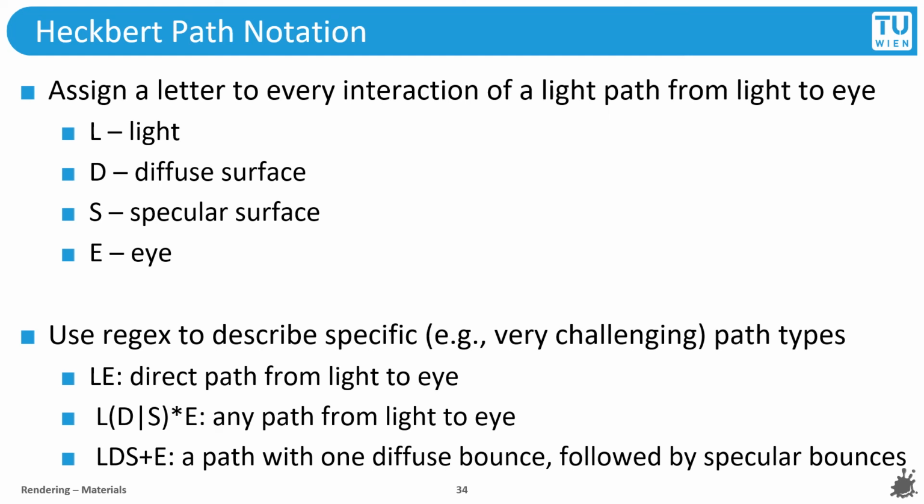For example, a direct path from light to eye would be denoted LE. Any path from light to eye could be denoted as L, followed by 0 or more of either D or S, and finally an E. You can see how this enables us to isolate paths that have a particular history. But do we have some meaningful examples for this?